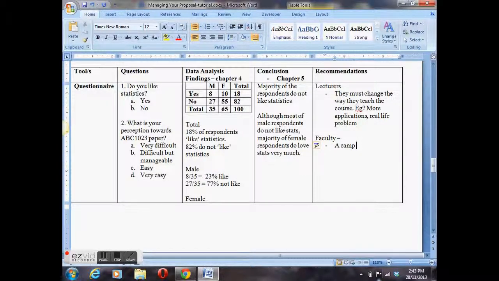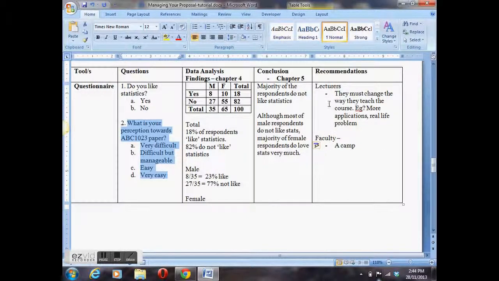All right, so now we have completed the first part based on this question. If we have 2 questions here, then we will do it again and come up with conclusion and also recommendations.